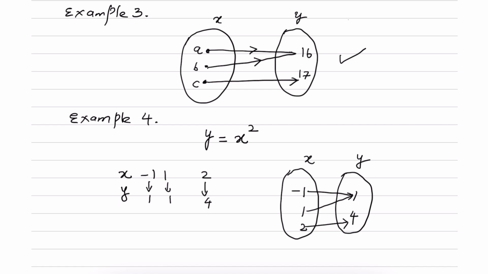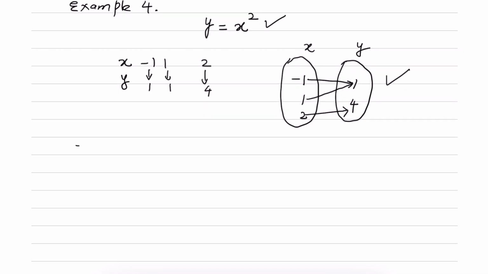Each x is associated with one y: both -1 and 1 are associated with 1, and 2 is associated with 4. So the definition of the function holds. So we'll say that yes, this description is for a function, and this relation defines a function as well.